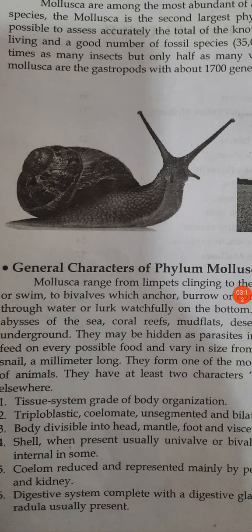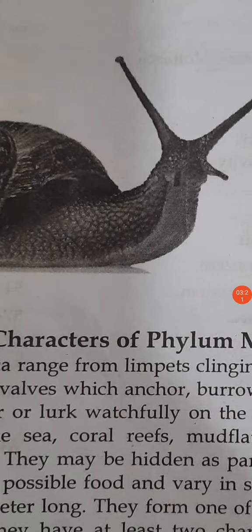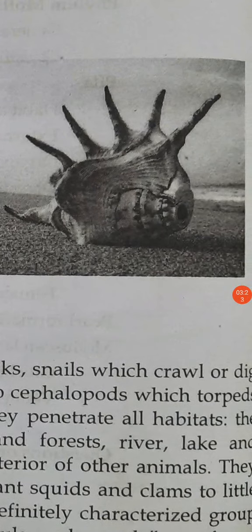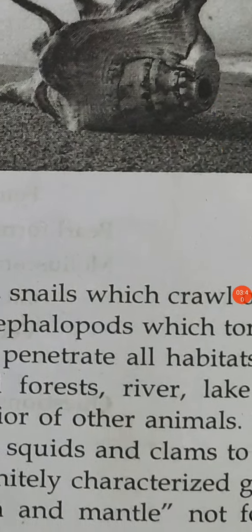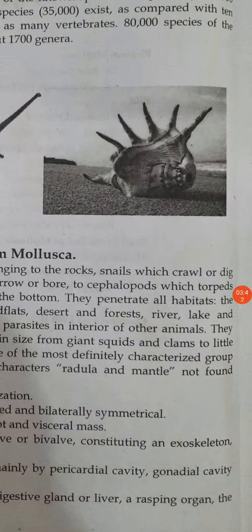Body divisible into head, mantle, foot and visceral mass. So here you can see in the snail, or in the diagram, the shell, when present, usually univalve or bivalve, constituting an exoskeleton, internal in some. So this shell is acting as an exoskeleton of this group.